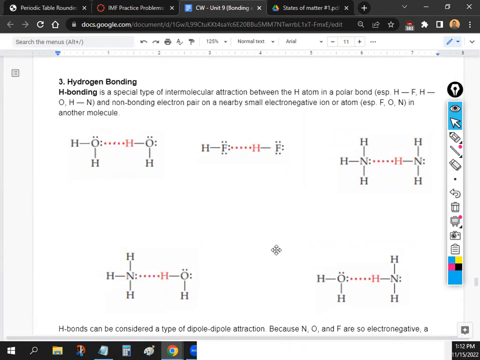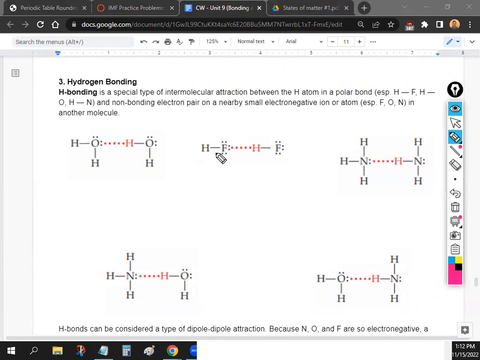Hydrogen bonding is a special type of intermolecular force. Like I said, it's dipole-dipole, but it's a super strong version of dipole-dipole. So let's take a look at this HF example right here. F is going to take the electrons from hydrogen. And if we look at the periodic table, hydrogen is very, very small.